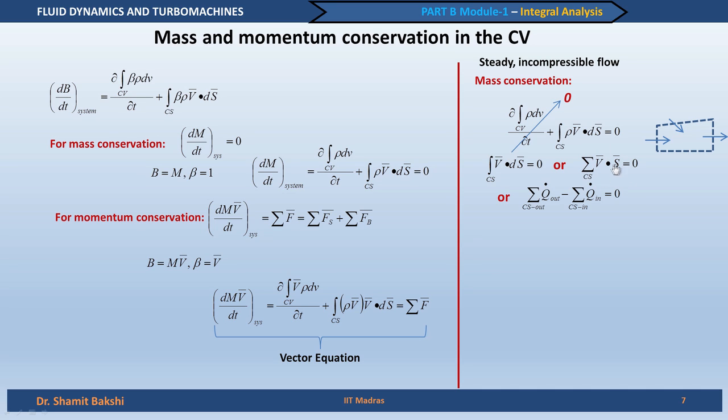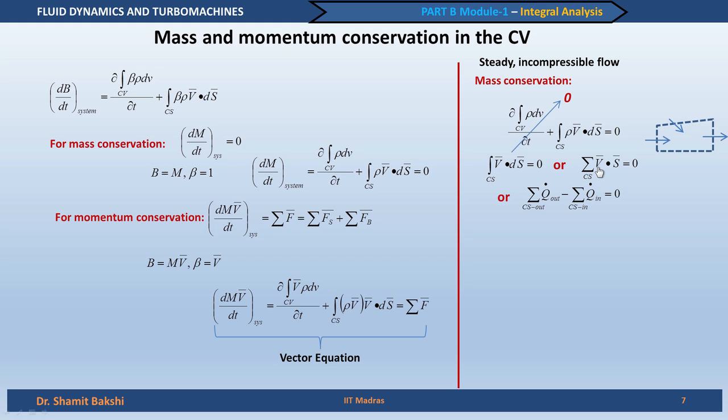This can be written in terms of more physically understandable quantities. We know v bar dot S bar, S being the vector form of the surface area, is basically the volume flow rate.